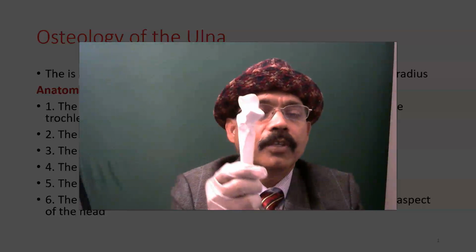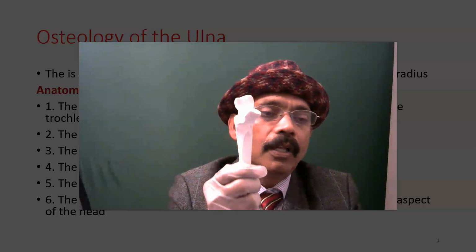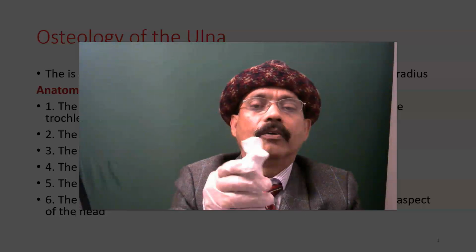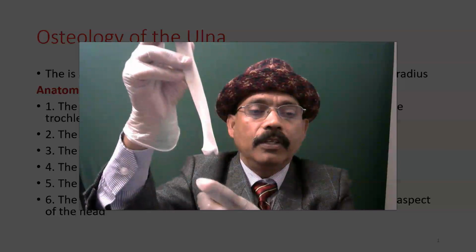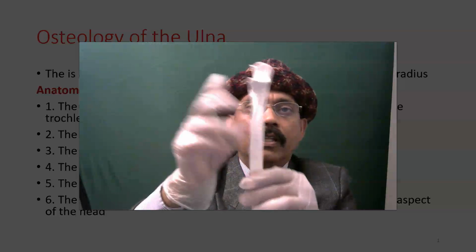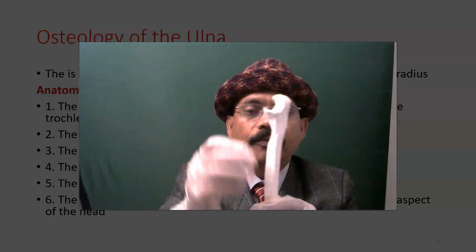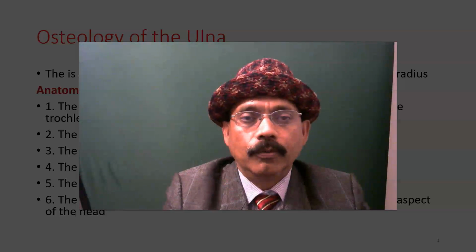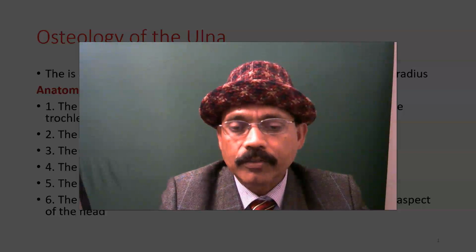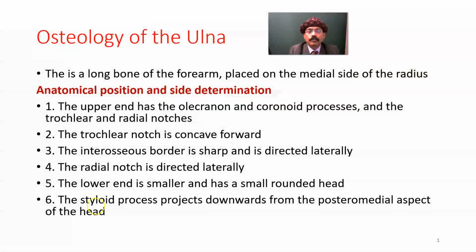So this is the ulna of the left side. Because we are seeing the posterior-medial aspect, we get the styloid process, and the radial notch and interosseous border are on the lateral side. We got the side determination and anatomical position.